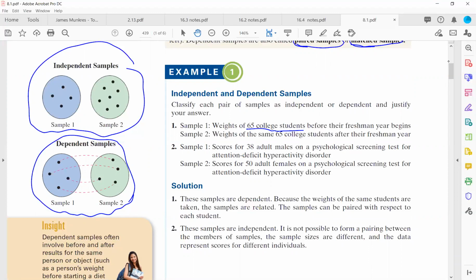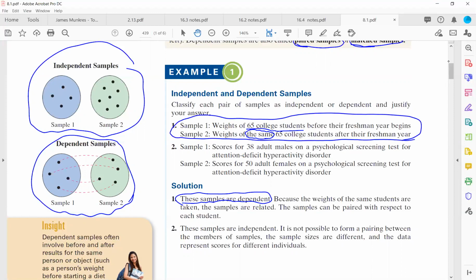Okay, as you can see, since we are using the exact same number of students, this set of samples is actually a dependent set. You are using the exact same students before and after their freshman year.